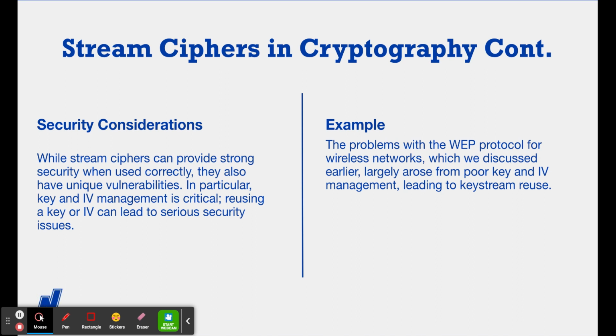As we talked about, that's a big no-no, because it creates a condition where an attacker can start to unveil plain text from the ciphertext, which will have catastrophic results. We've previously seen this issue in the now defunct WEP protocol for wireless networks, where poor key and IV management led to security vulnerabilities. Therefore, careful key and IV management is paramount when using stream ciphers to maintain the security benefits.